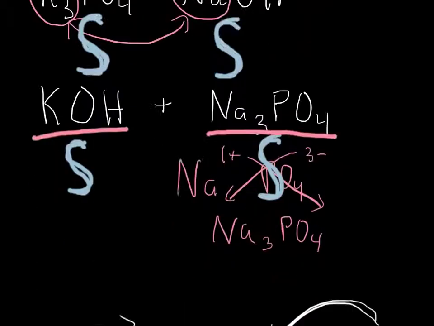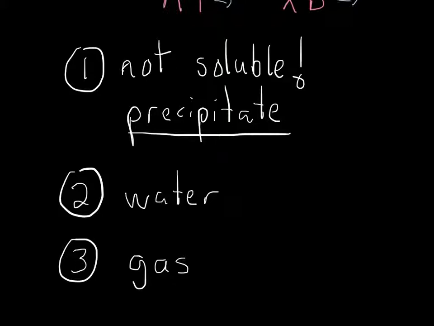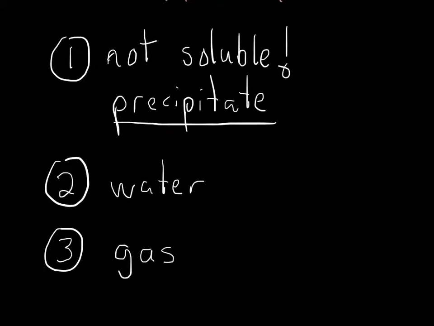So let's summarize the conditions I need. I already talked that my product needs to be either insoluble, needs to be water, or it needs to be a gas. And the final thing is that both of my reactants need to be soluble.